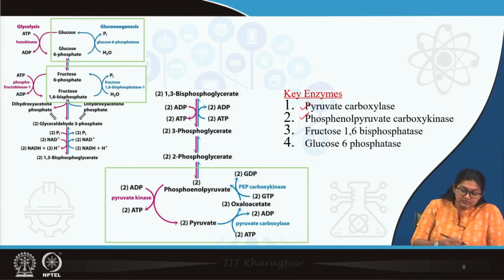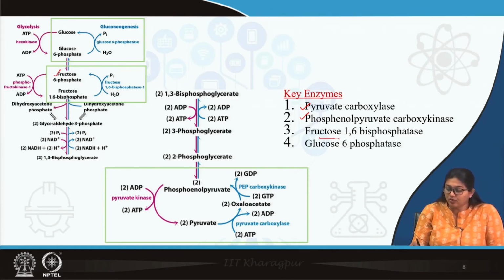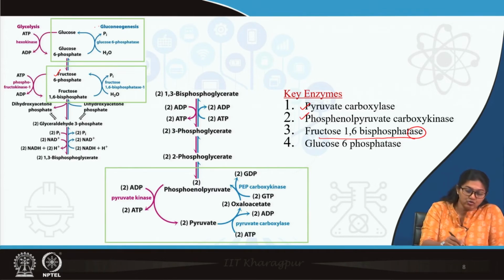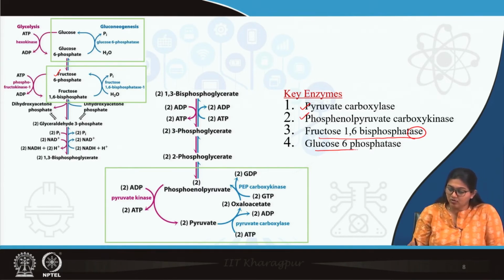Then for fructose 6-phosphate formation from fructose 1,6-bisphosphate, the enzyme fructose 1,6-bisphosphatase is used, and finally glucose 6-phosphate is converted to glucose with the enzyme glucose 6-phosphatase.